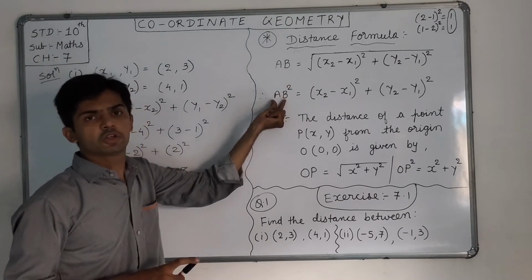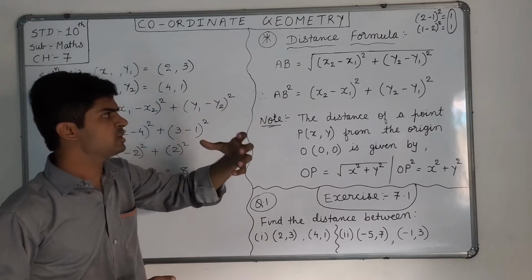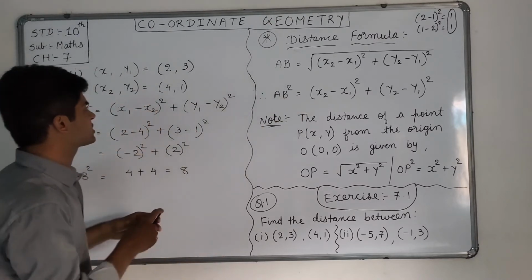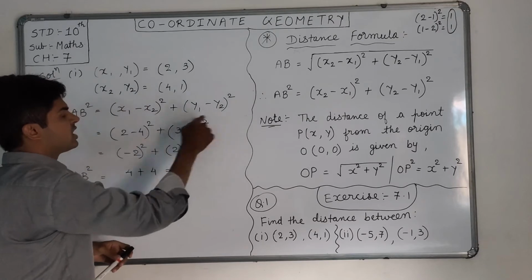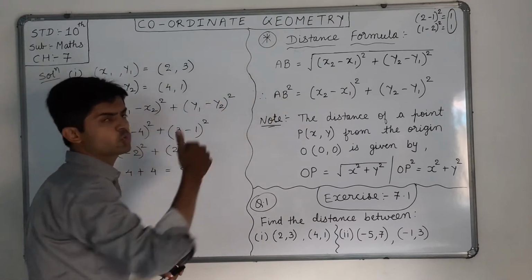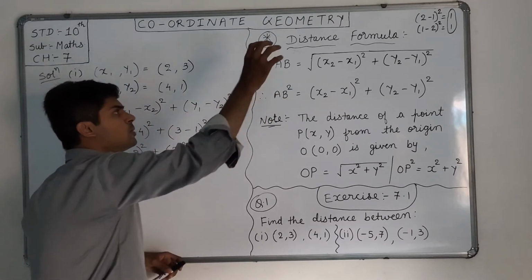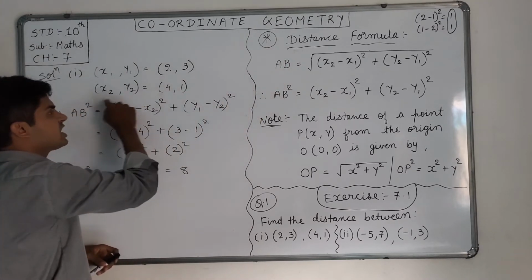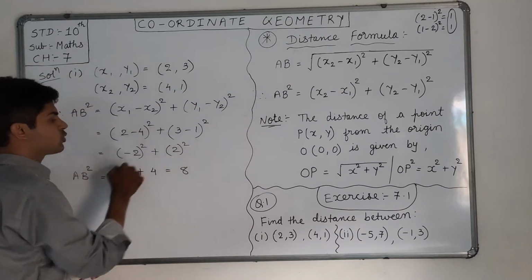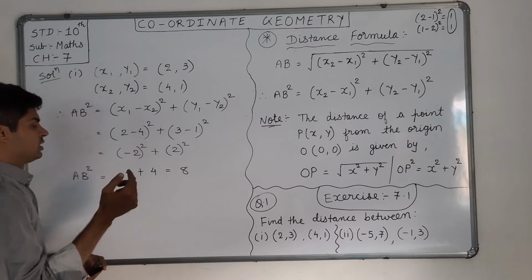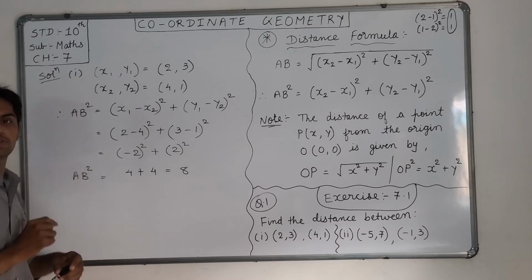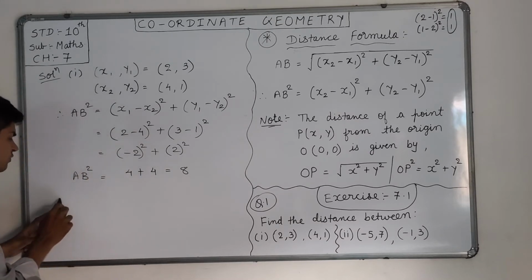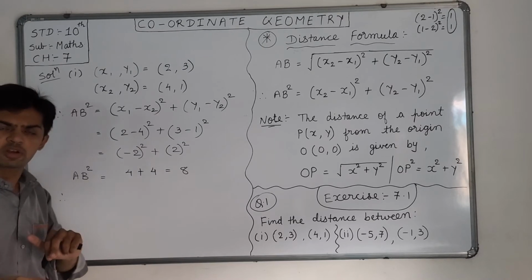AB square तो हमने simplicity के लिए. Simplicity it means ये हर एक स्टेप में हमें रूट नहीं लिखना है, इसीलिए हमने इसका स्क्वायर कर दिया. If you are doing this formula, then each and every step you have to do a square root, right? इसलिए हमने ये AB square वाली formula use की. So therefore, at last square root निकाल दो.